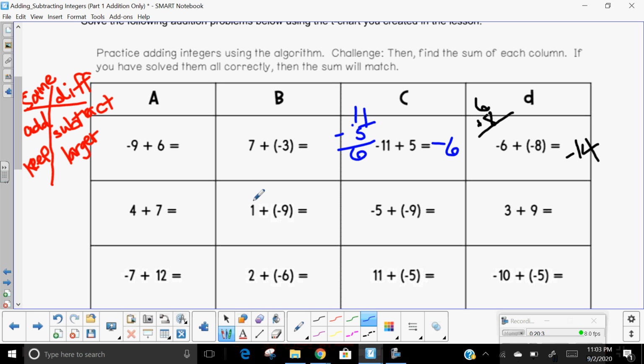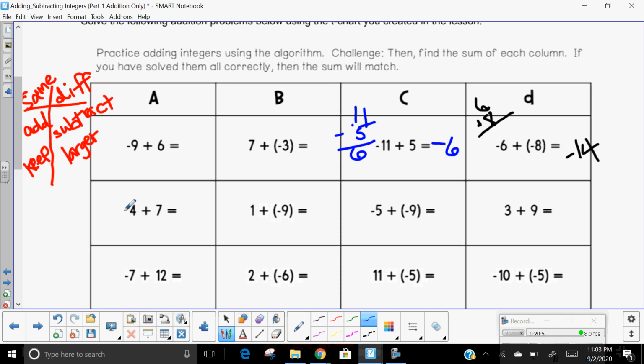Okay, so let's look at this one right here. We have negative 7 plus positive 12. Again, the first step is to decide, do they have the same sign or different signs? So I come down here and I see one is negative and one is positive.